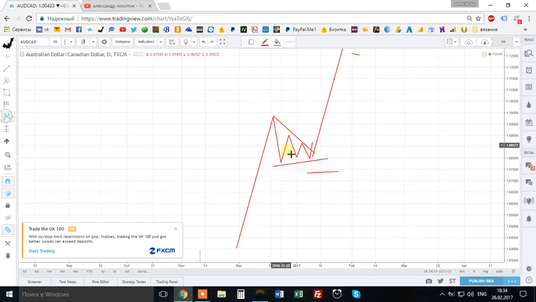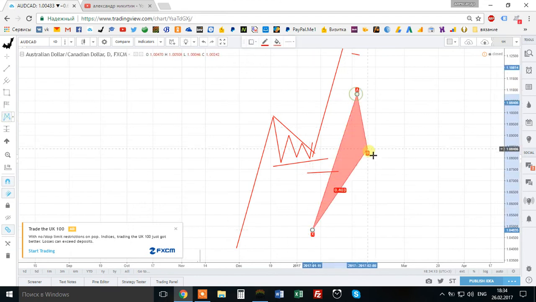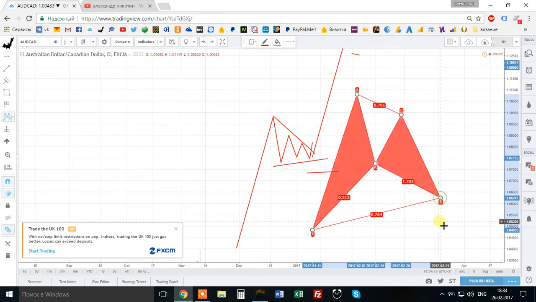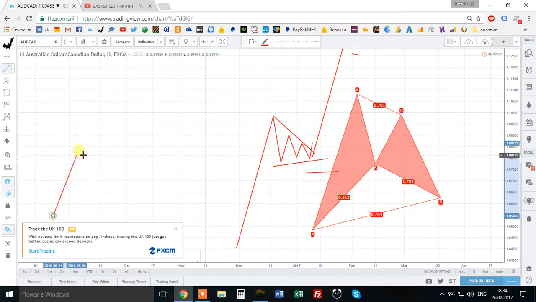Okay, maybe somebody is drawing those patterns this way. He says the B point should be this, the C point should be this, but you don't know how exactly he identifies the XA, AB, BC legs, those swing turns. You don't know it. Let's say you have those Elliott wave traders.